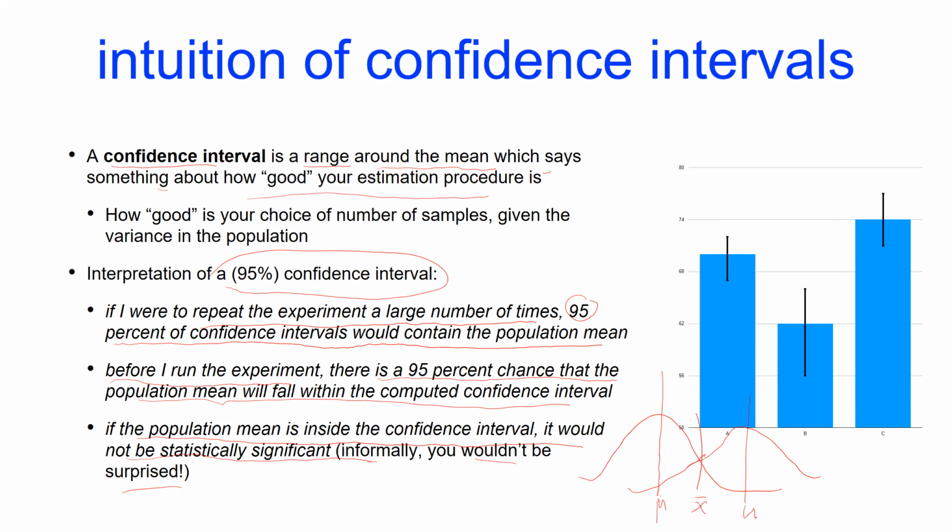Of course, your population mean can be either to your left or to your right. But you hope, no matter how you are different from your population mean, you're not too far away.